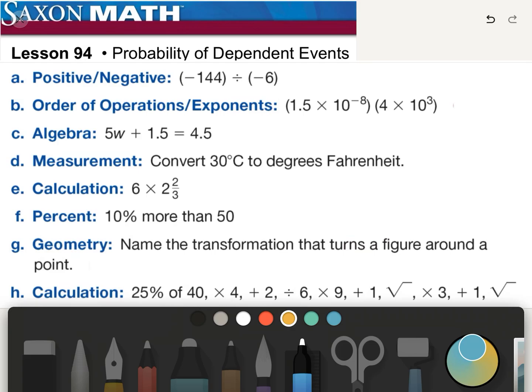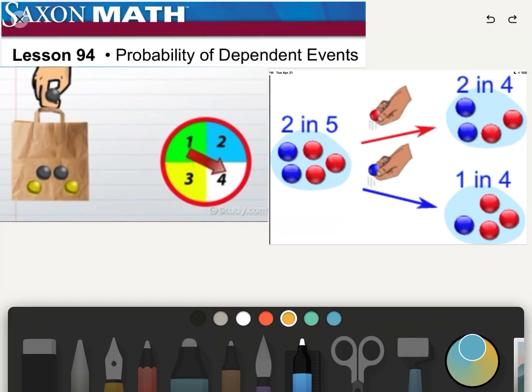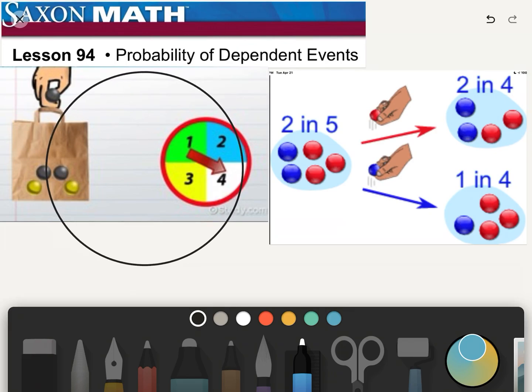Okay, so let's talk about today's lesson. Probability of dependent events. This first figure is more like what we've done in the past, where we are figuring out the probability of events.